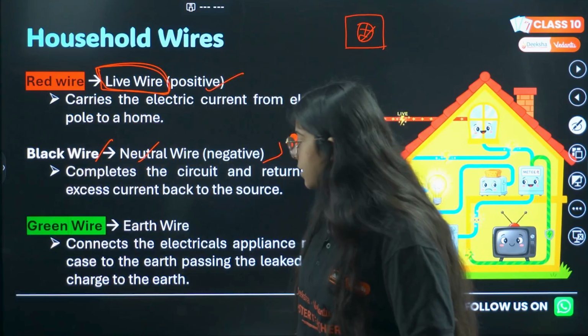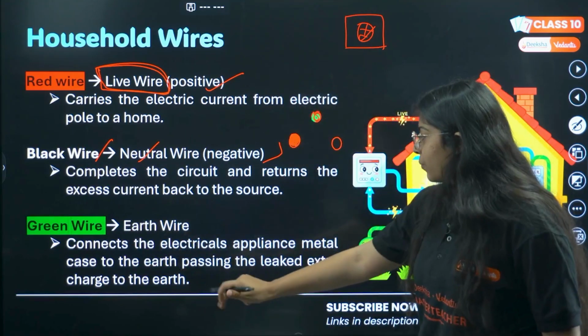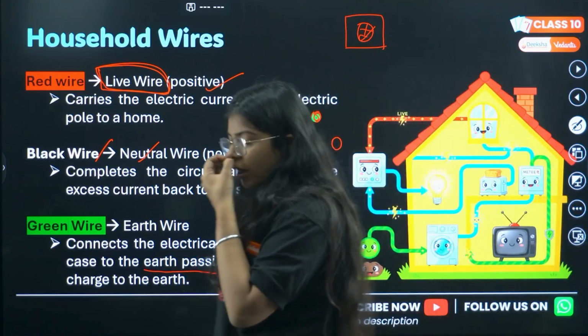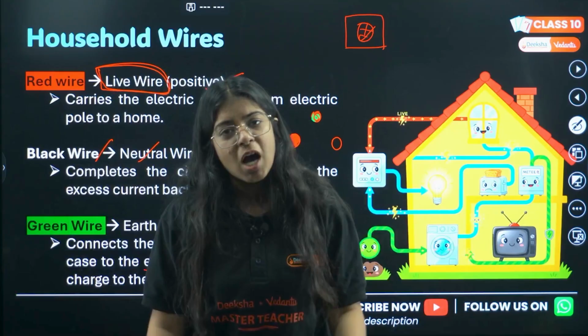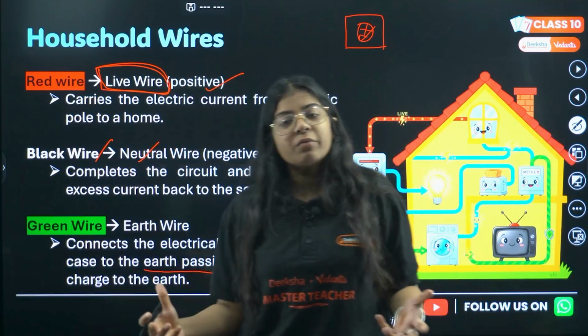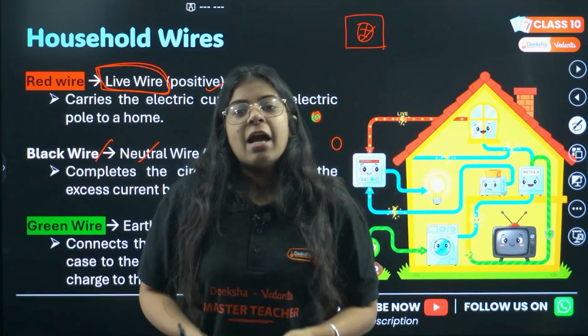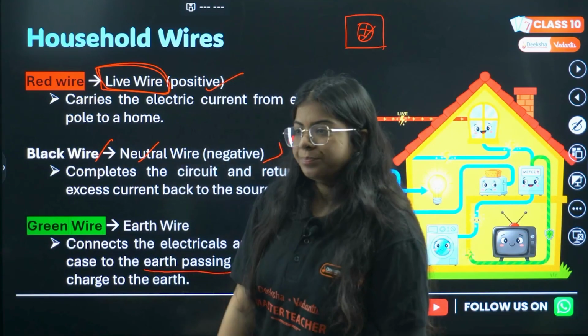So what it does is, it connects the electrical appliance's metal case to the earth, passing the leaked charge to the earth. Now, earth is like a mother. However much charge you give to earth, it will neutralize it, it will accept it. So we connect all that extra charge from the metallic body to the earth wire, and we pass it down into the earth.